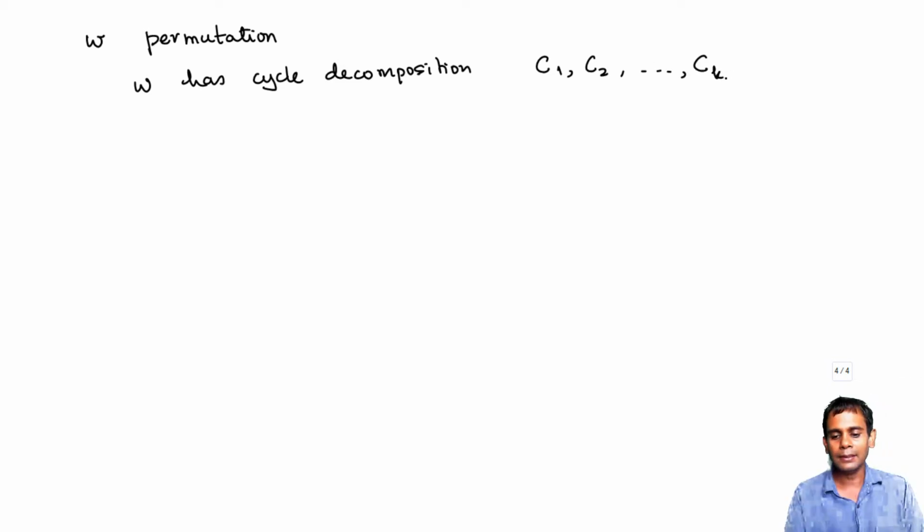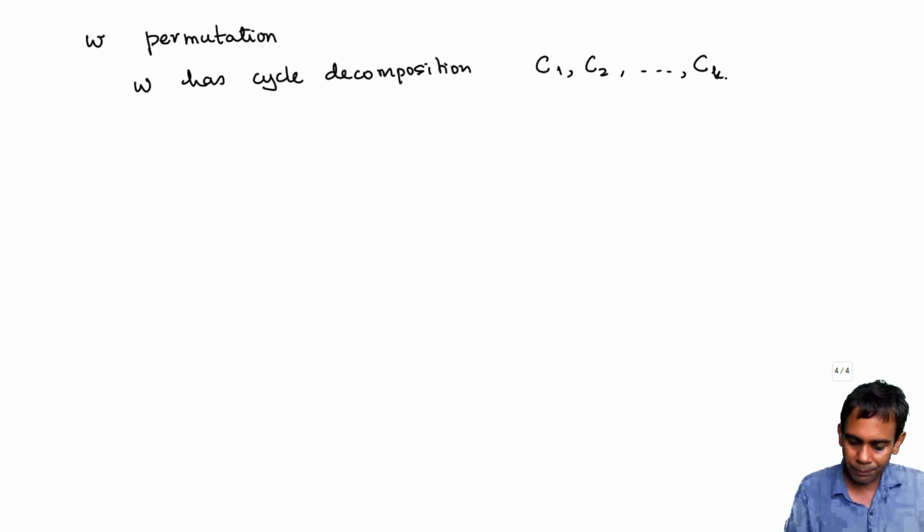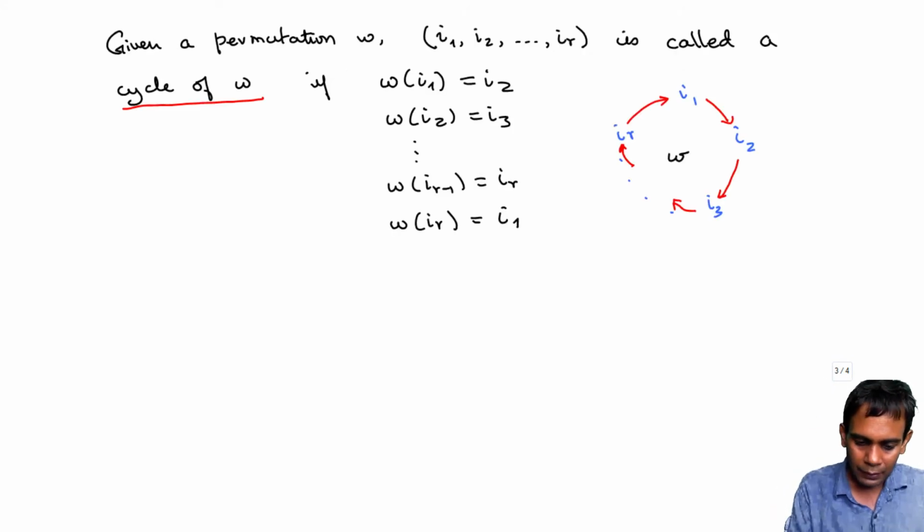So it has k cycles. The number of elements in a cycle is called the length of the cycle. So this is a cycle of W and the length of this cycle is r.